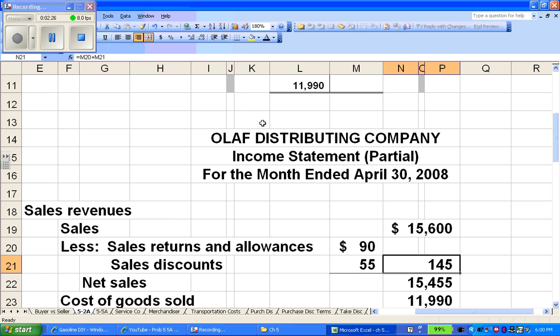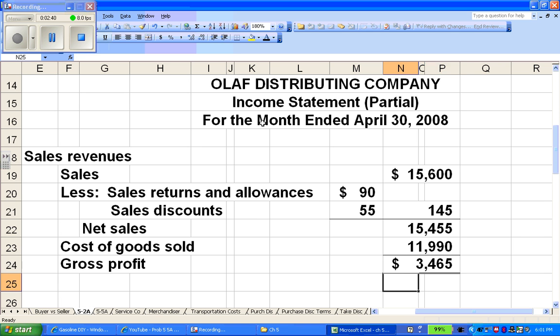So I'll put that over in this right-hand column. I'll subtract it from my sales in order to get my net sales of $15,455.